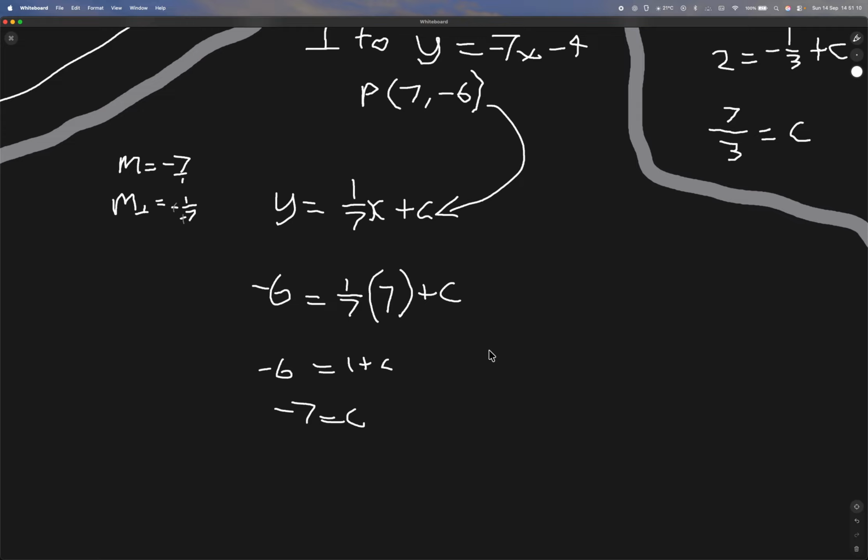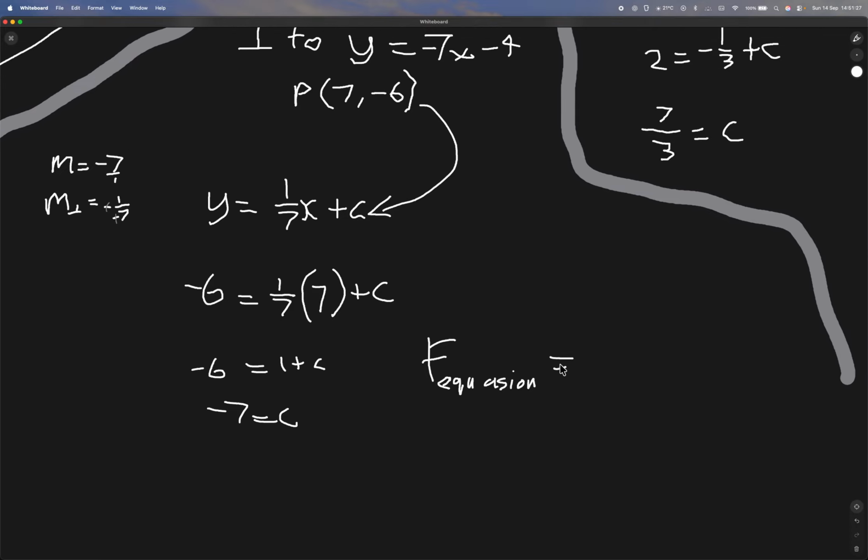So our final equation is y equals 1 on 7x minus 7.